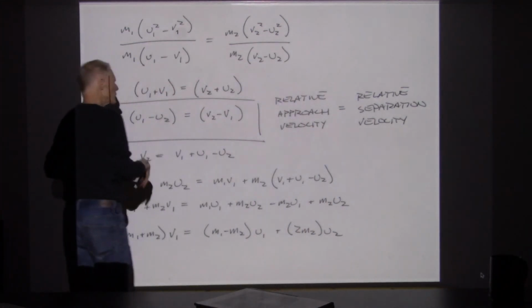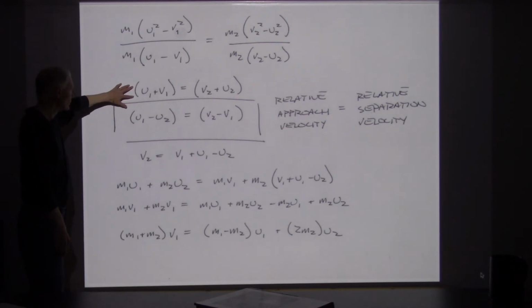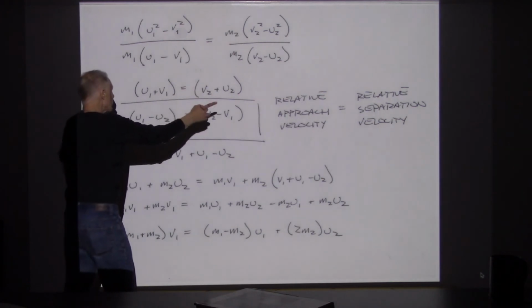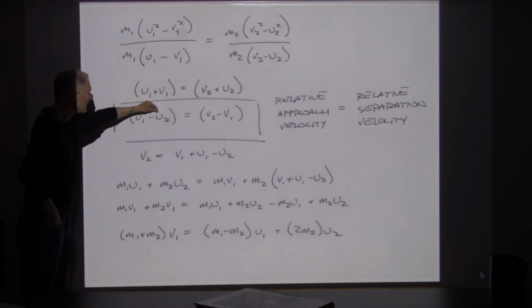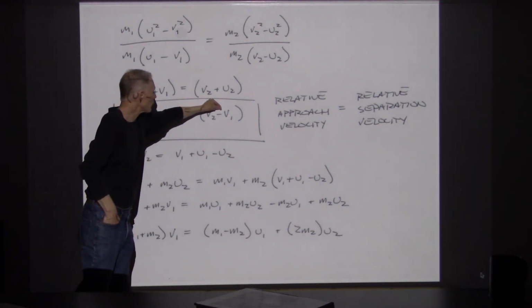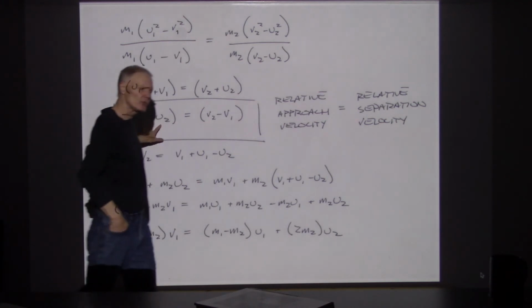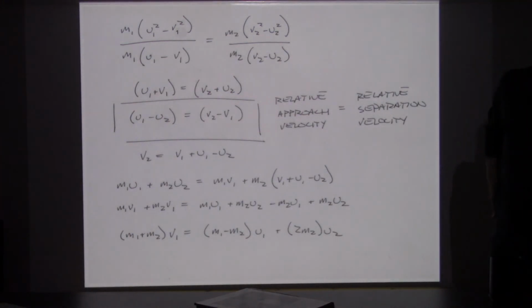Now, we haven't completely solved the equation, but we have determined something very, very important. When we rearrange these, what we get is U1 minus U2 is equal to V2 minus V1. What is U1 minus U2? That's the relative speed of approach.